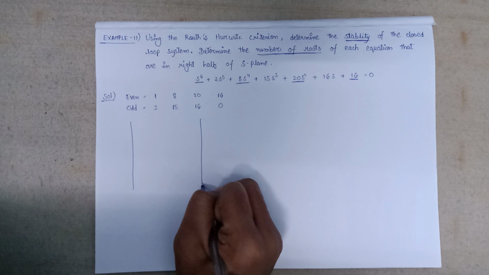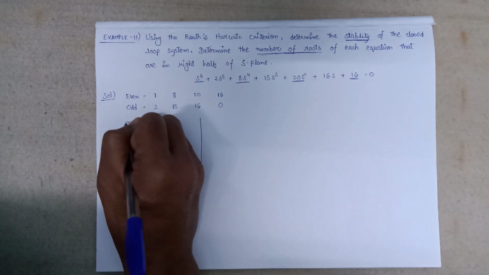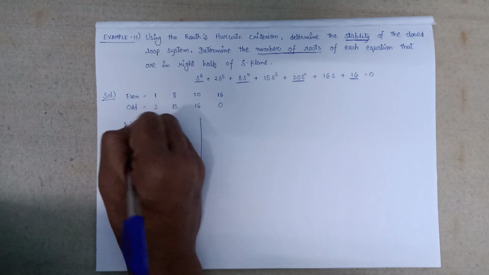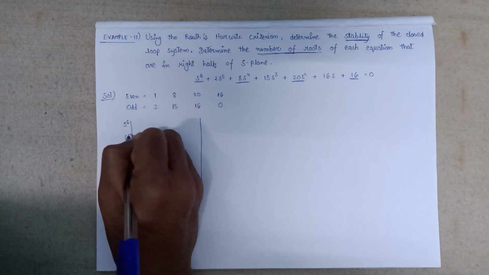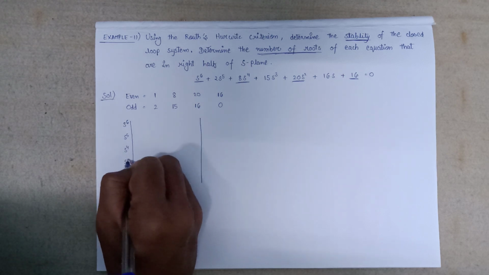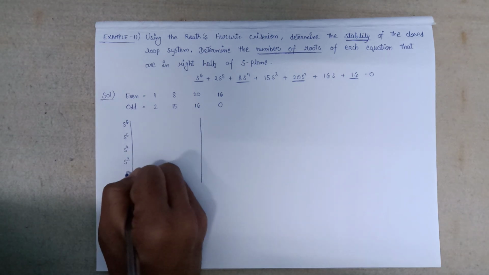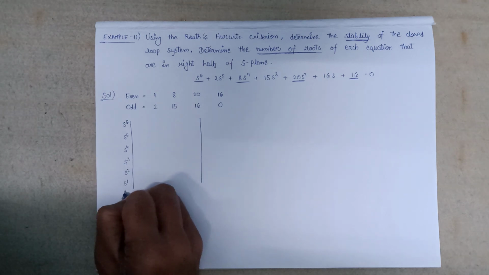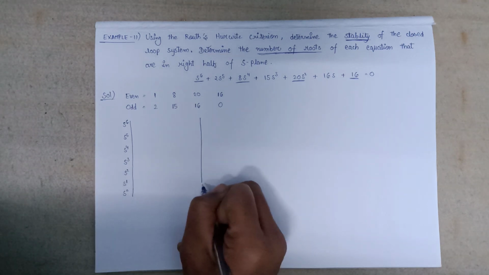Now let's form the Routh array. The highest power of S is S to the power 6, so we will write S to the power 6 here, then S to the power 5, S to the power 4, S to the power 3, S squared, then S to the power 1, then S to the power 0 only.